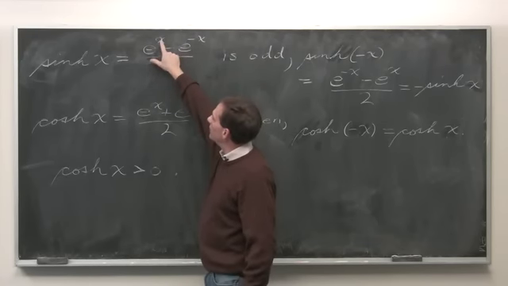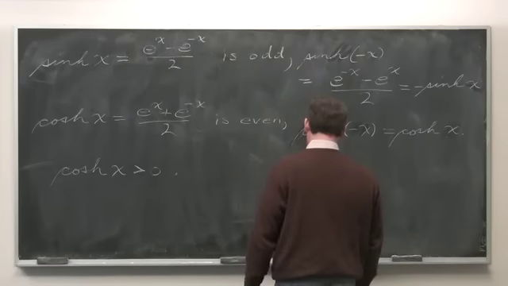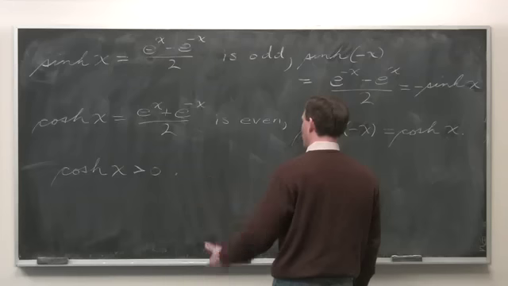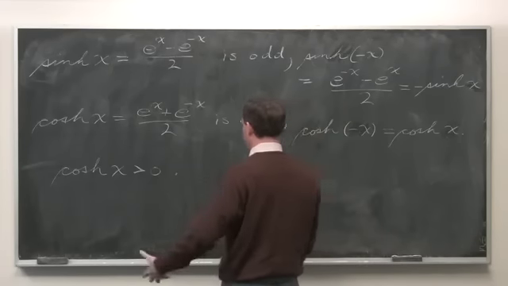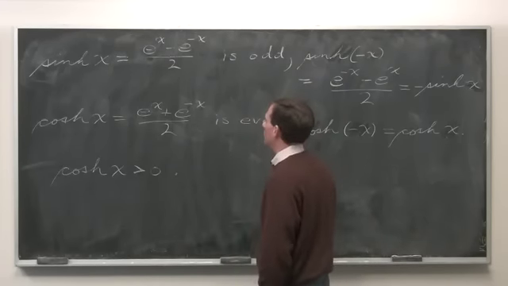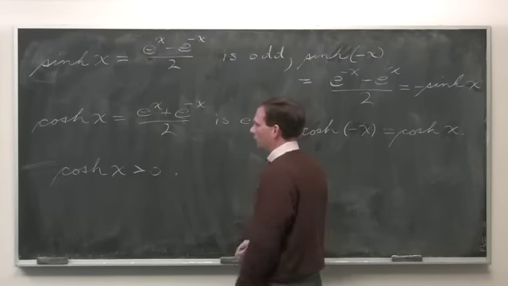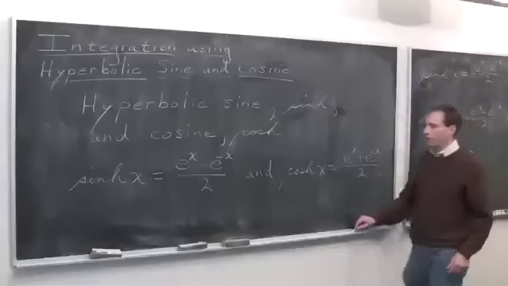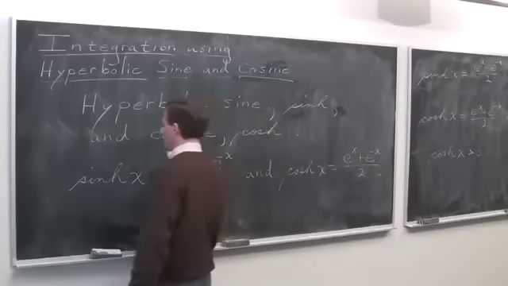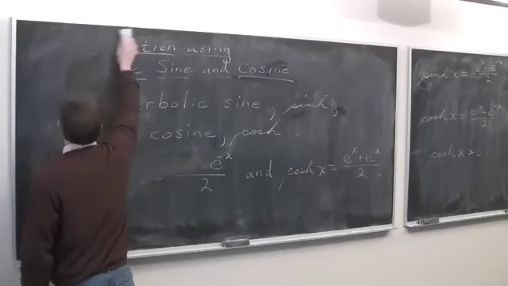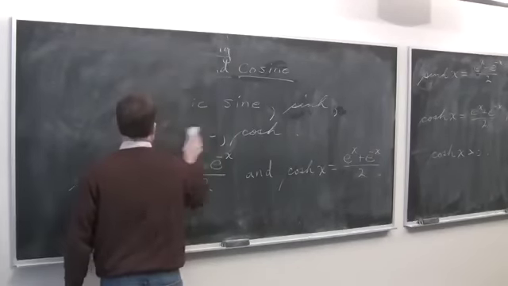This is the negative of something large, so you'd have a large positive number, and you'd have negative that. So hyperbolic sine of x can be negative. In fact, we'll see that it goes to negative infinity as x goes to negative infinity, and infinity as x goes to infinity. Let me go ahead and sketch the graphs, and then we'll verify the properties that I just stated.